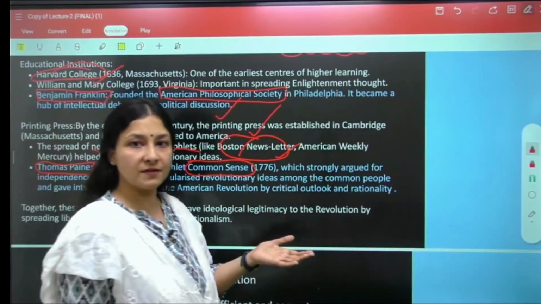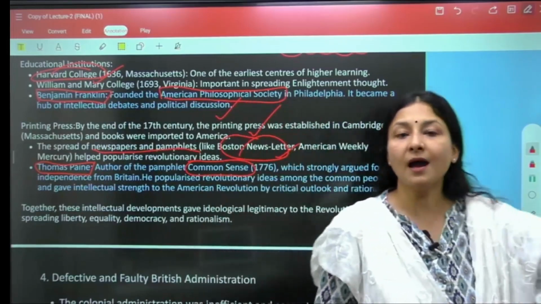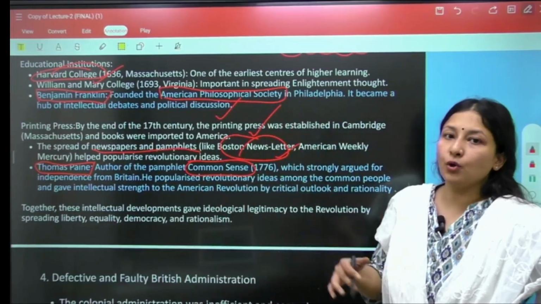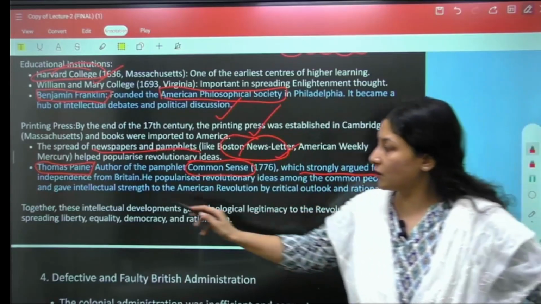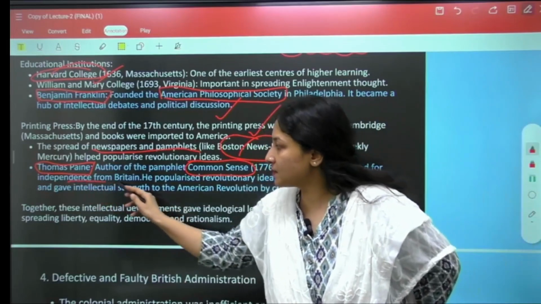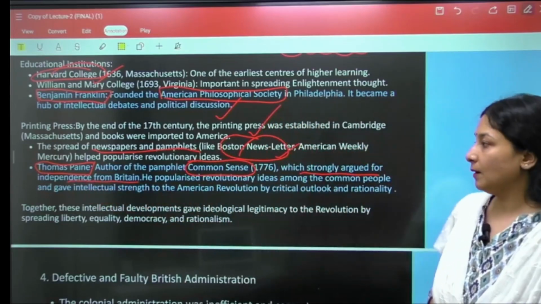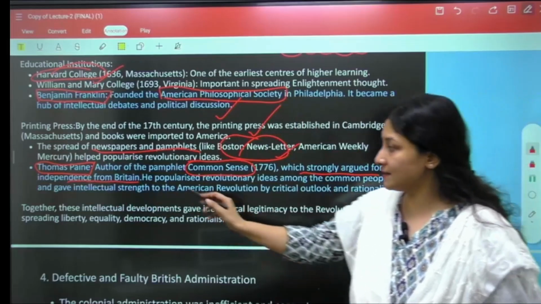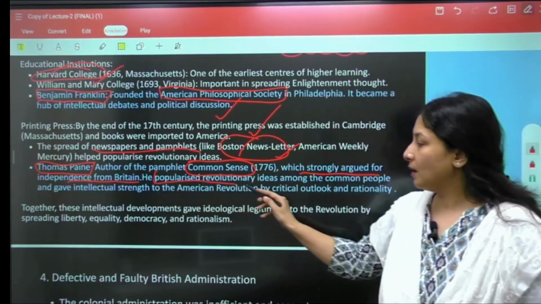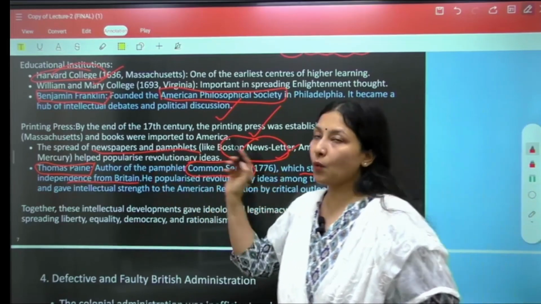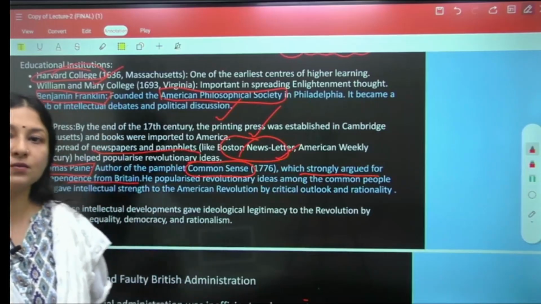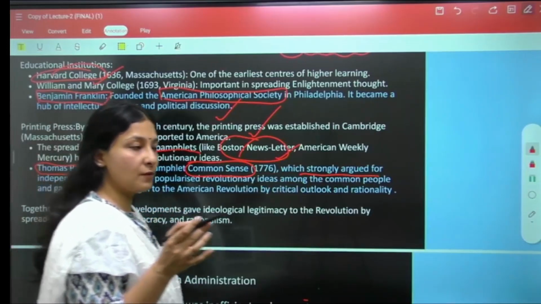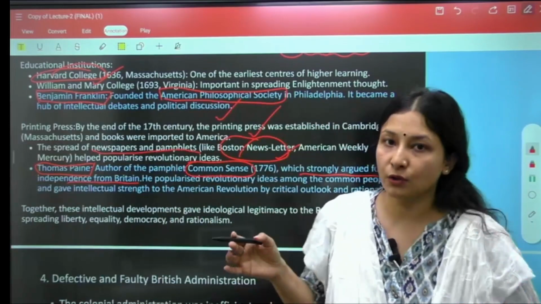The name itself says, where he asks the people to question, right? It strongly urged for the independence of the people from Britain, and it was this basically which had popularized the revolutionary ideas among the American societies, where people from different places were coming and living together.